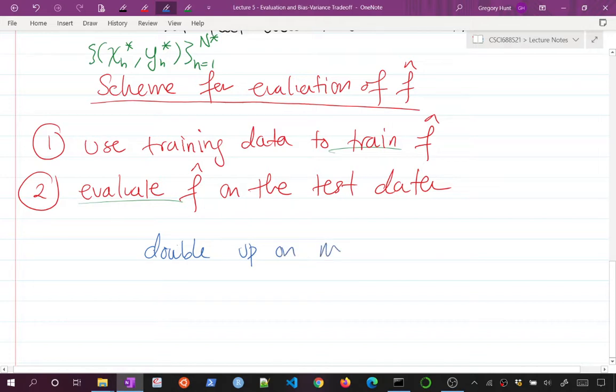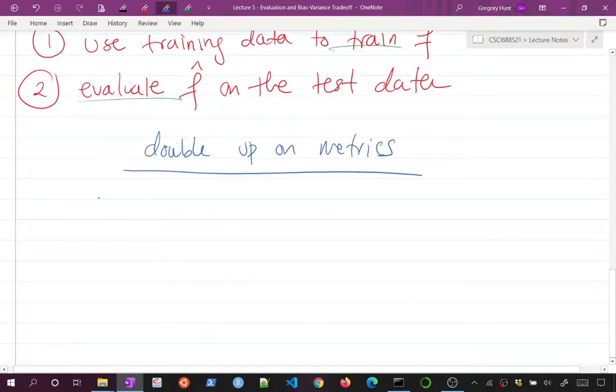up on metrics. So for any of the metrics we talked about last lecture, we had, say, RSS train, or we had MSE for the training data, or we had RMSE, which is the square root of the MSE for the training data.